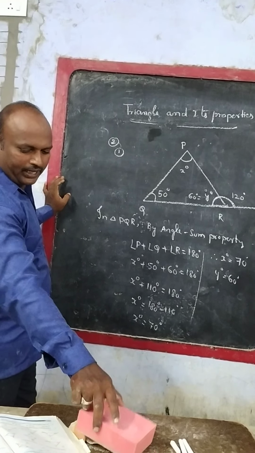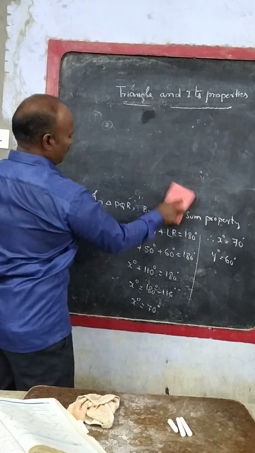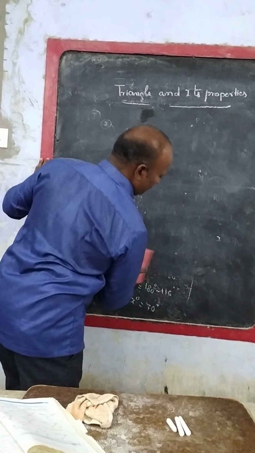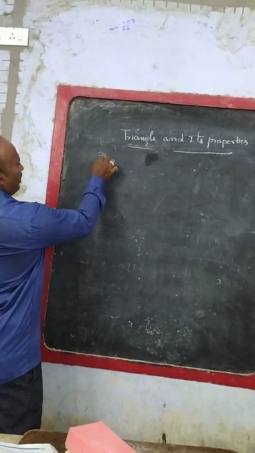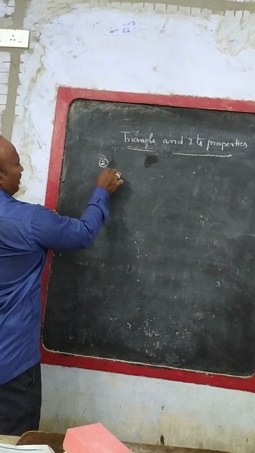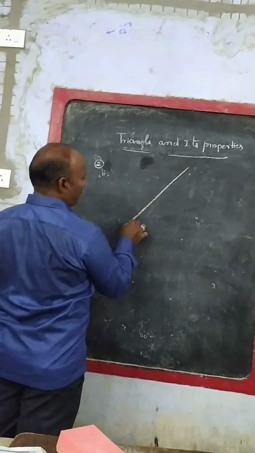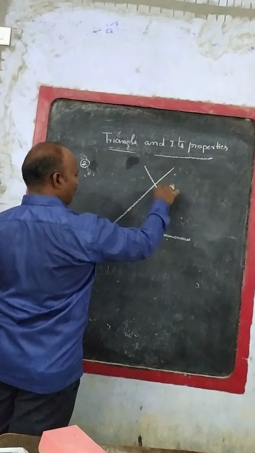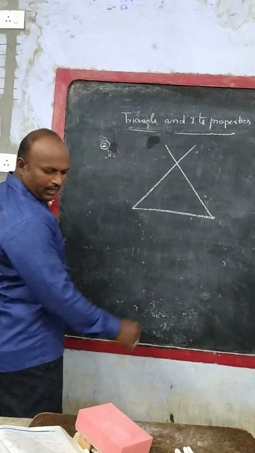Next, second Roman, second problem. This is a triangle RST.